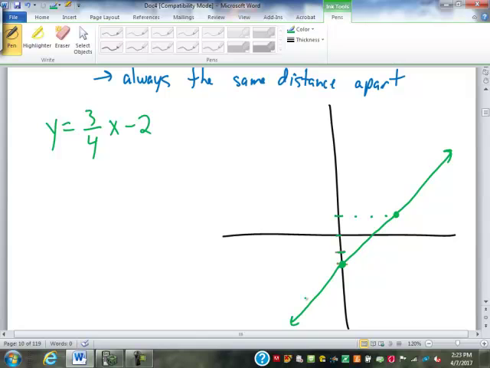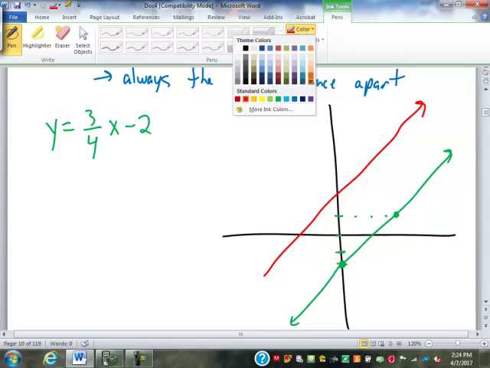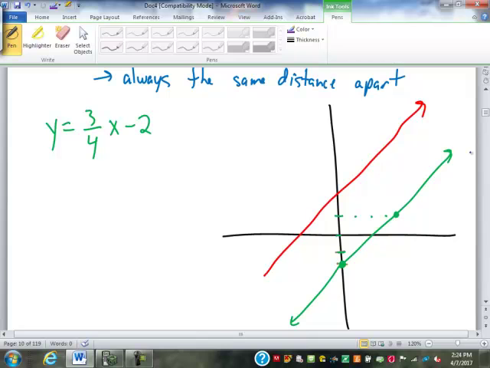If I want to make a line parallel to that, for example, this red line, what do I notice about this line? Well, its y-intercept has changed because I moved the line. But what do we notice about the slope of that line? It stays the same slope, right?